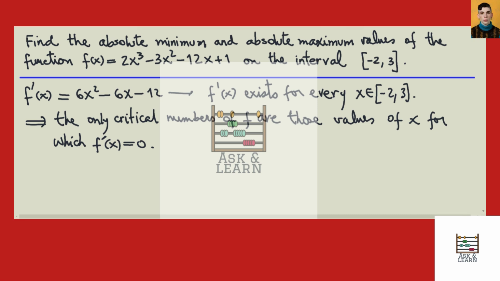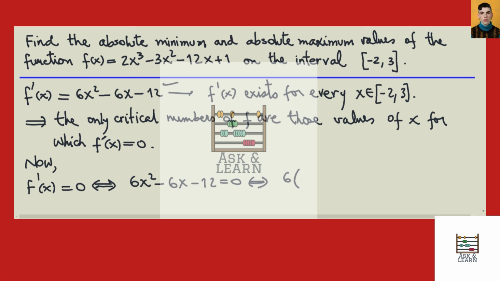So we start by solving the equation f prime of x equals 0. That's the same thing as 6x squared minus 6x minus 12 equals 0, because the derivative had this expression. And that's the same as 6 times (x squared minus x minus 2) equals 0.